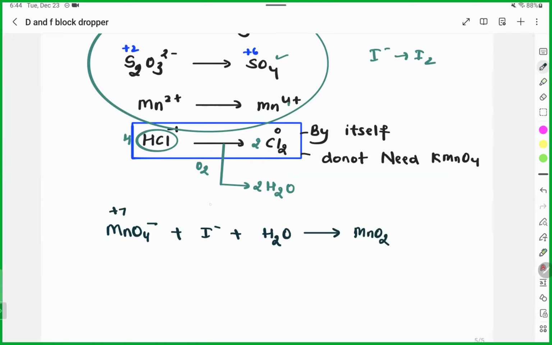This is plus 7, this is plus 4. So there is a difference of 3. But you also said IO₃ negative. So iodine is converting from -1 to plus 5, a difference of 6. So iodine is losing 6 electrons, but manganese is gaining only 3. So what will happen?